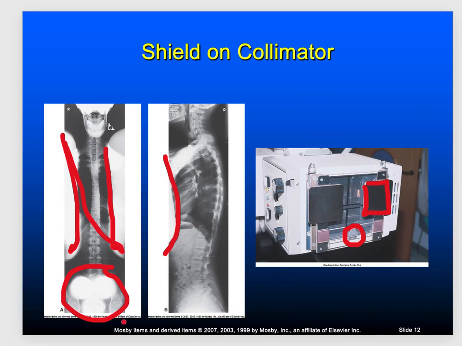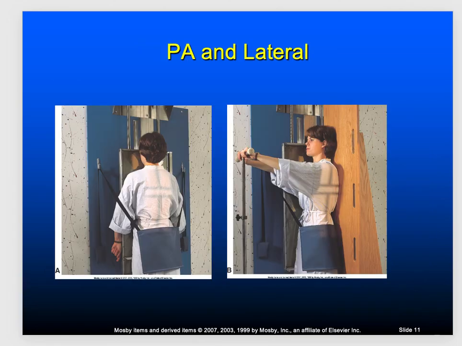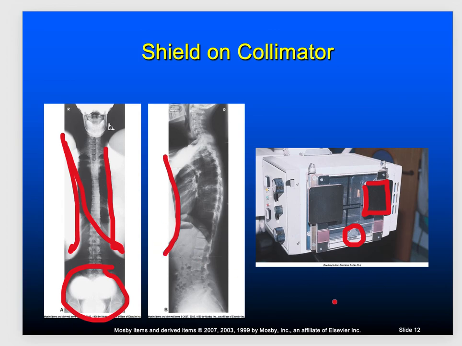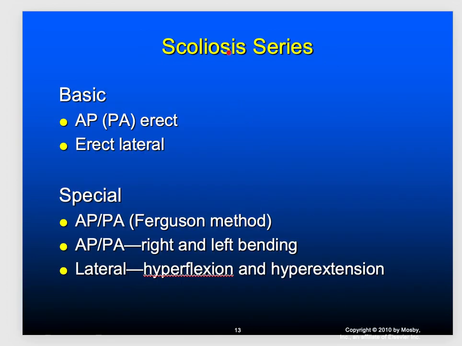And then depending on what the protocol is, they may not use gonadal shielding on female patients. So you're always going to want to make sure that you try to do them PA and protect the breast tissue and the thyroid as well. So a scoliosis series, your basic series, AP or PA erect, and then your erect lateral.